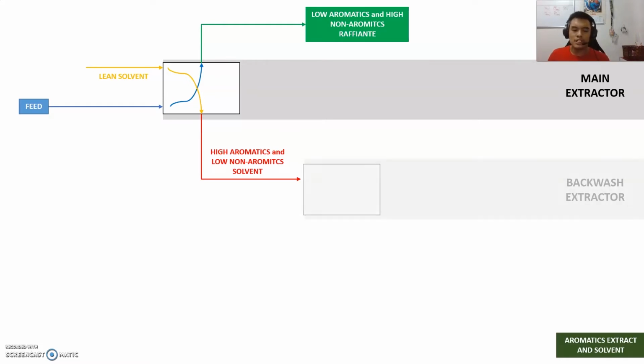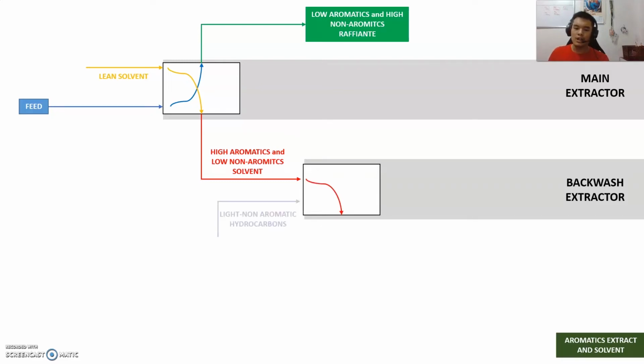This bottoms is then forwarded into a backwash extractor, which lets it flow downward, while also having light non-aromatic hydrocarbons flowing upward, creating another countercurrent exchange. The raffinate is then fully heavy non-aromatics, which is then fed back to the main extractor, also fed countercurrently, so that it will increase the efficiency of the low aromatics and high non-aromatics raffinate.